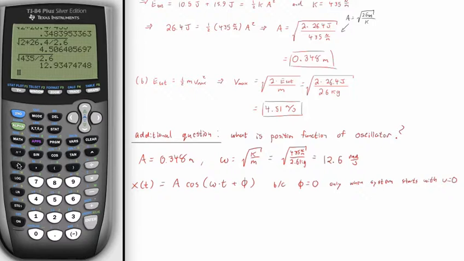I'd say a better way to think about it is just think about the initial stretch. Because the reason I say the initial stretch is because then we can set t equals 0 and say at t equals 0, this is where the object is located.